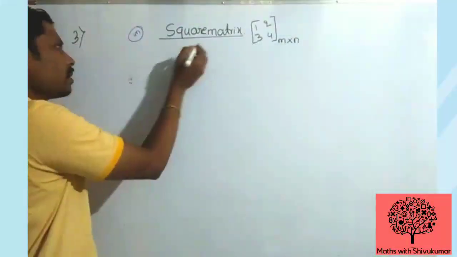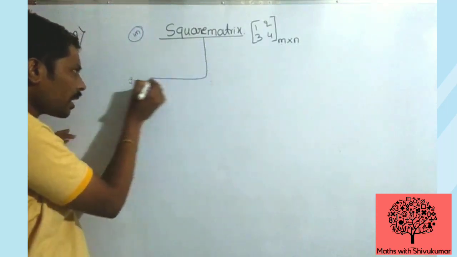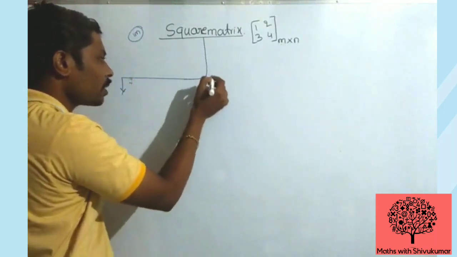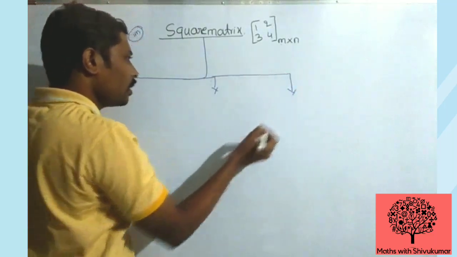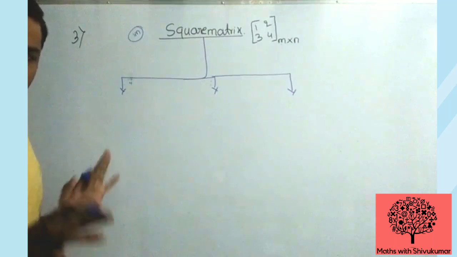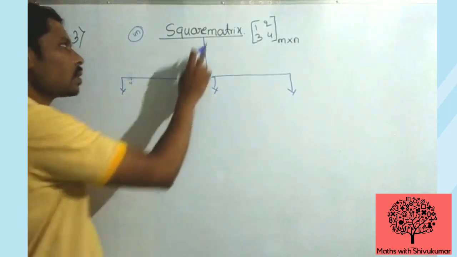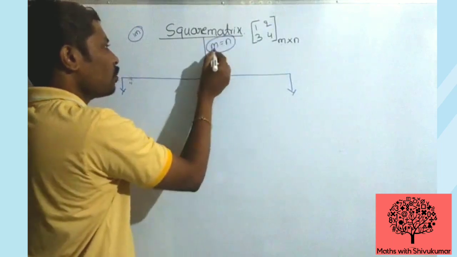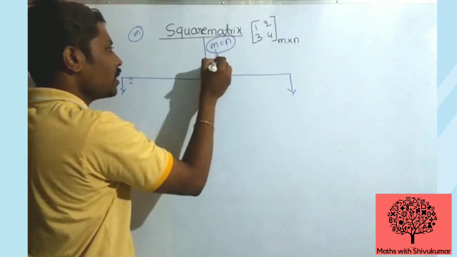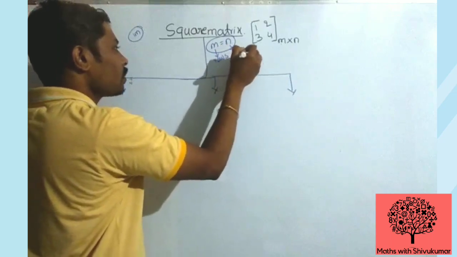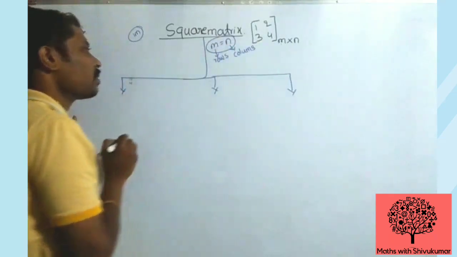What I will discuss now are types of the square matrices. So that are very important. Diagrammatically try to remember this one, so that it will be very easy. Square matrix means, remember, m is equal to n, means number of rows is equal to number of columns. It represents rows, it represents columns.